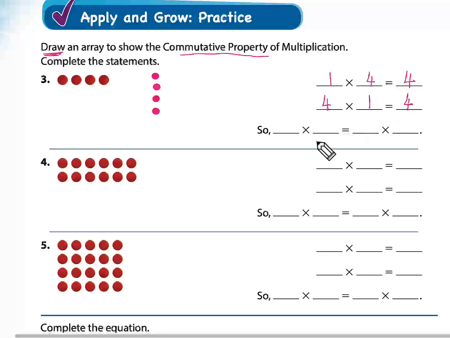So this is the first one and this is the second one, the factors. The factors, the number that, yes. Okay, so we are using the same factors here. Thank you, my hero. Good work.